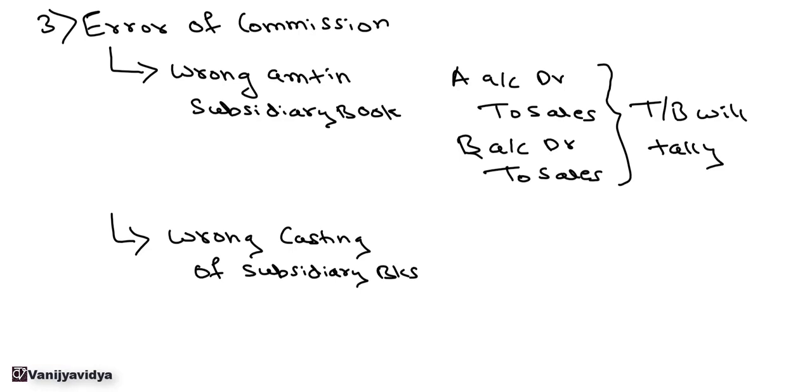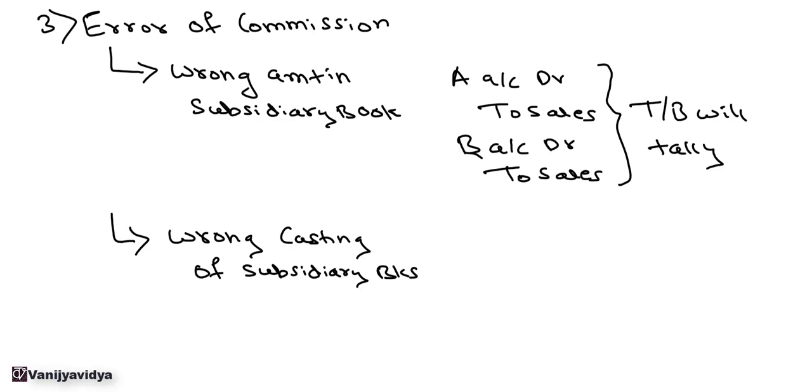For example, say the sales day book. There was a total sale of 1 lakh, but instead of 1 lakh, there was a totaling error and the total came to 90,000. Now instead of 1 lakh, only 90,000 is recorded in your credit sales.